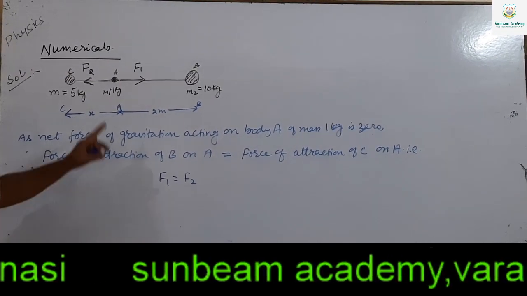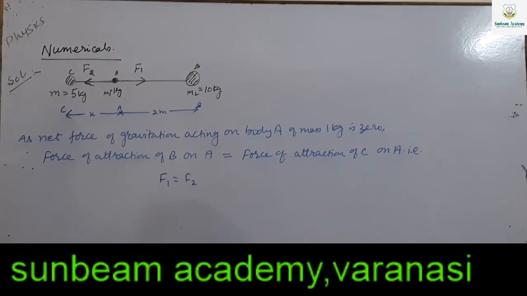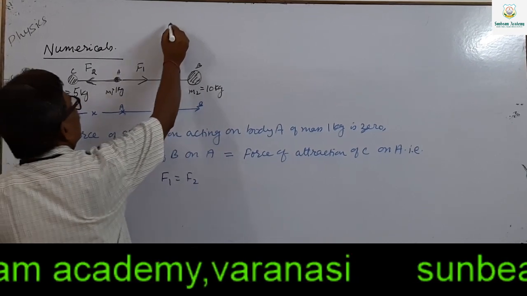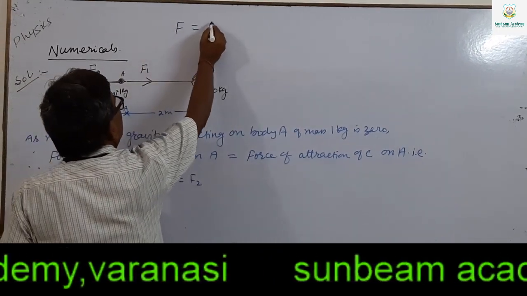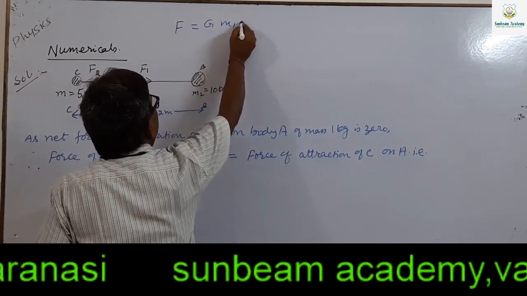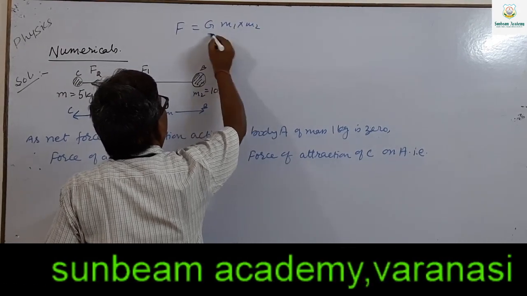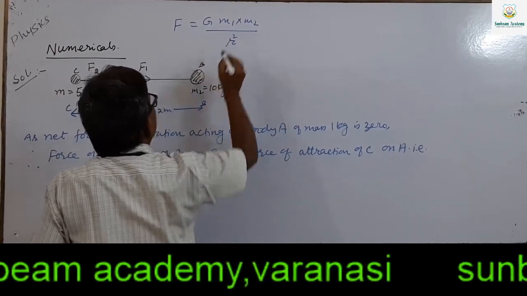Now as per this, the formula of the gravitational force, you know that F is equal to G m1 m2 upon r square.